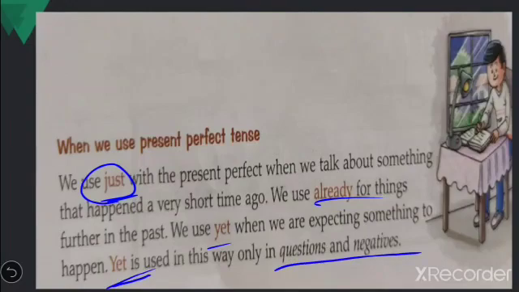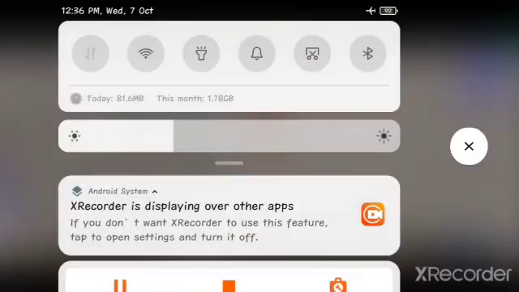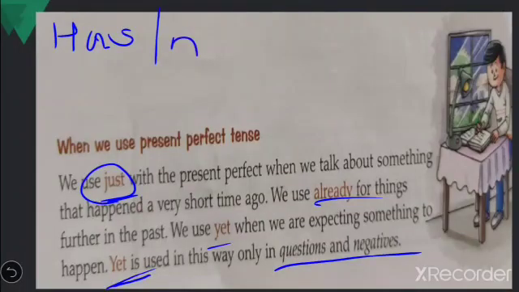Now in a question sentence, you have to remember that your questions start with has or have, but not with a WH question.